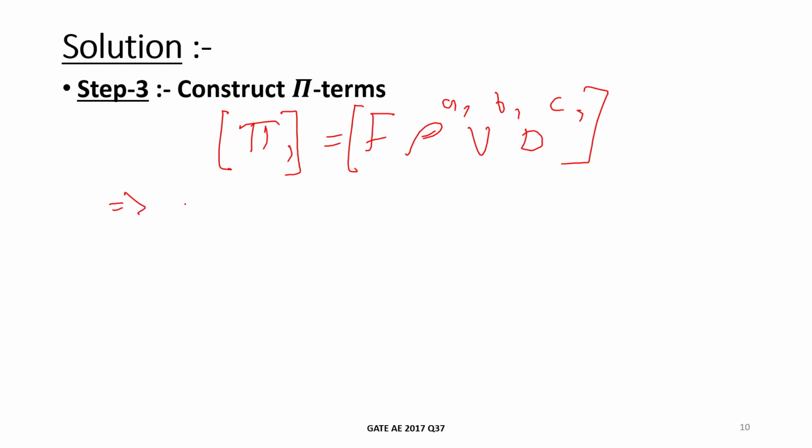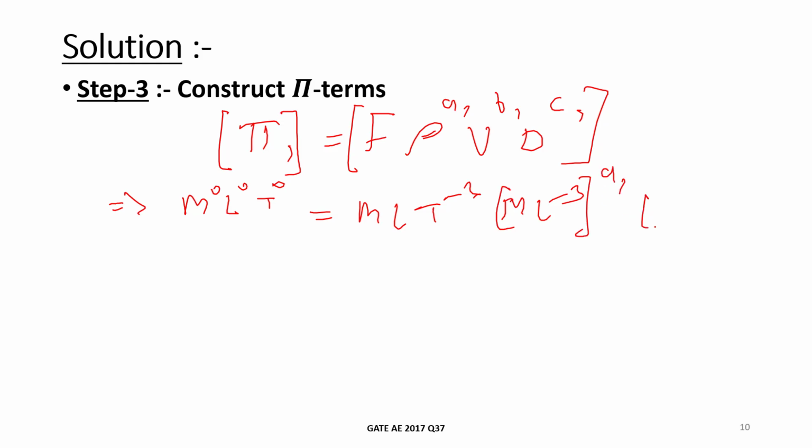Dimension of pi term is 0, so M0 L0 T0. Dimension of force is M L T minus 2. Density M L minus 3. Velocity L T minus 1. Diameter L.